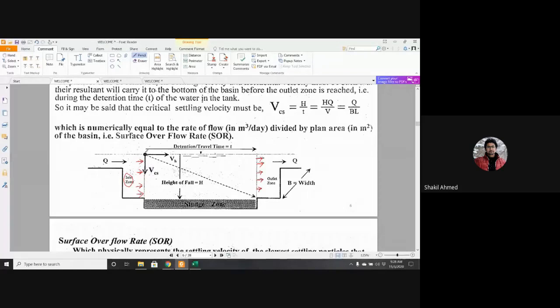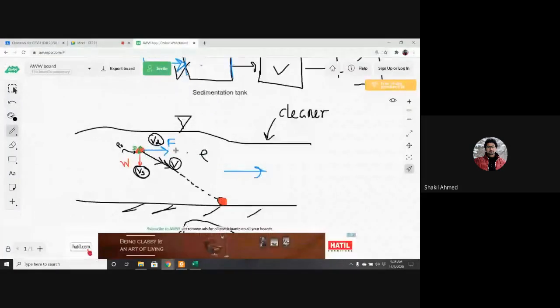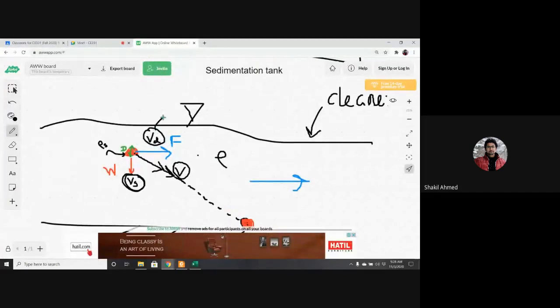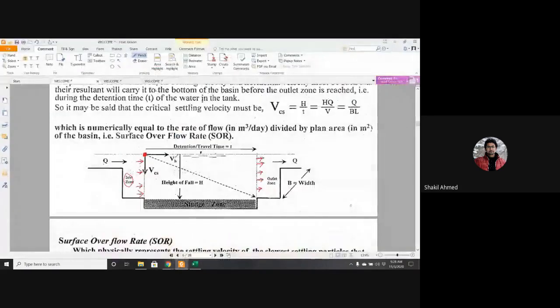This is the particle. It has a horizontal velocity, they are calling it Vh, and the settling velocity Vs. Vcs means critical settling velocity. I'll tell you what that is a bit later.